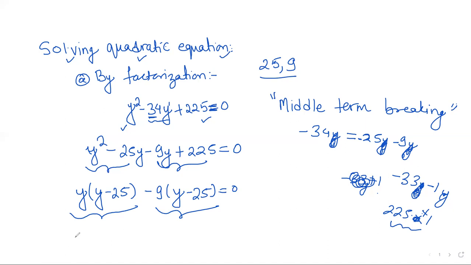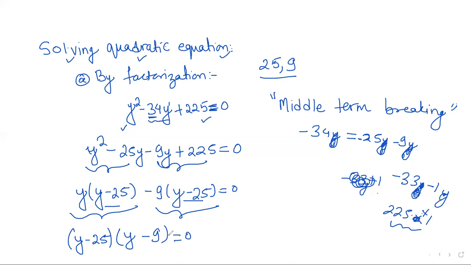From these two terms, you can factor out y minus 25, because it appears in both. If you factor out y minus 25, you'll be left with y minus 9, and that is equal to 0.